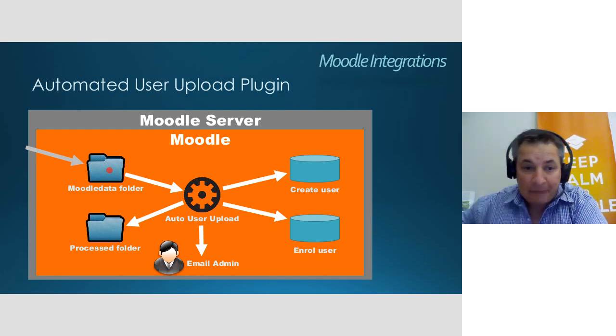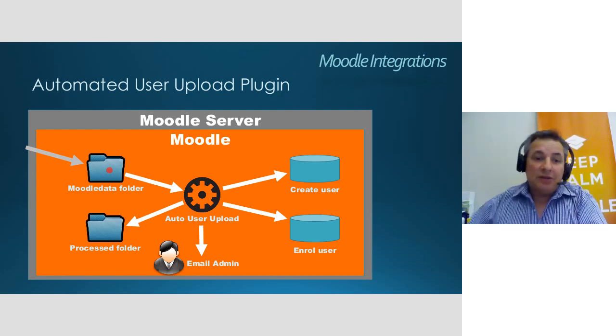So with that, we created this automated user upload. And what this automated user upload would do, effectively, would execute the functionality that you found in the upload module, which typically is create users, enroll users, and also update users and groups and everything else. But I've just made the thing simple. The two most common functionalities that they use.